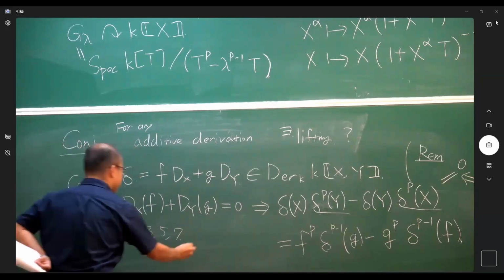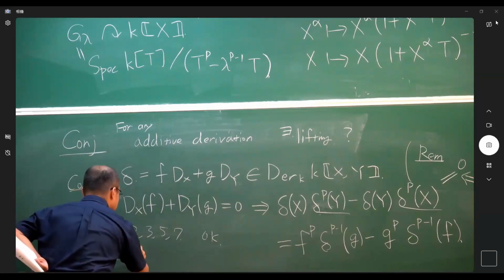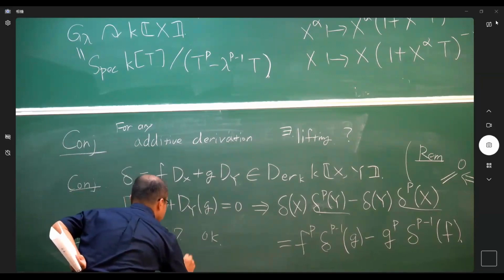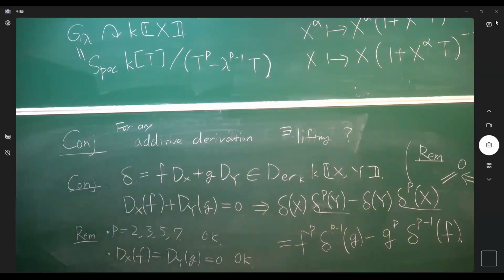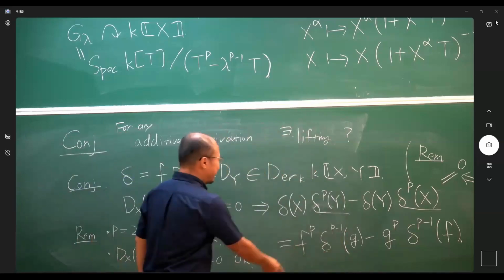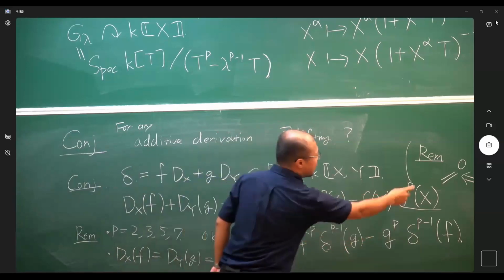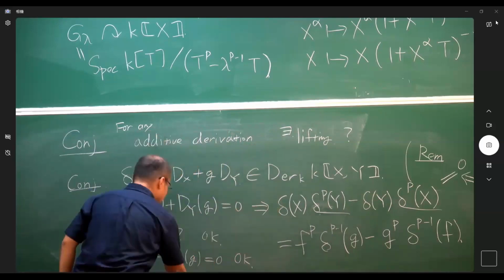And for example, dx f is equal to 0 and dy is equal to 0, it's okay. Many other cases we verified this conjecture. For example, if delta is p-closed, then this conjecture holds, so the right hand side is equal to 0. But the other direction, if this is equal to 0, then delta is p-closed, is the important case. The inverse is important.